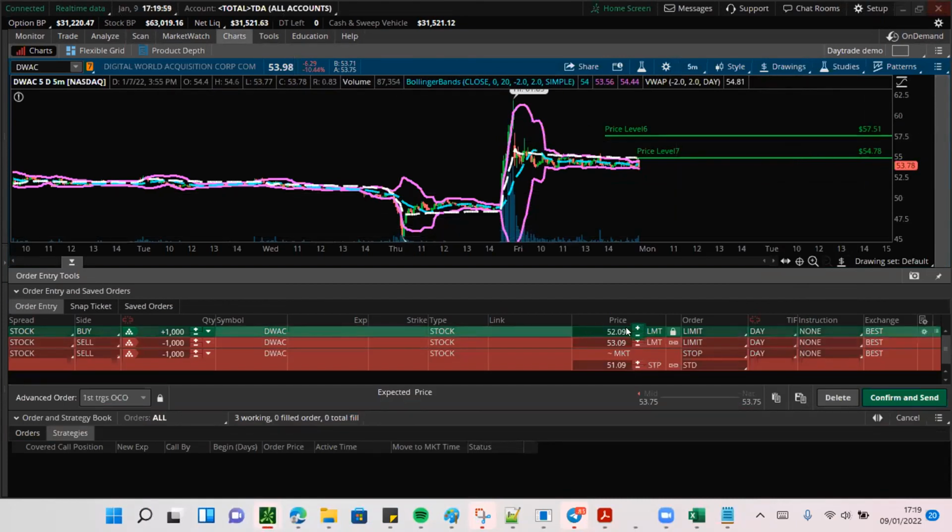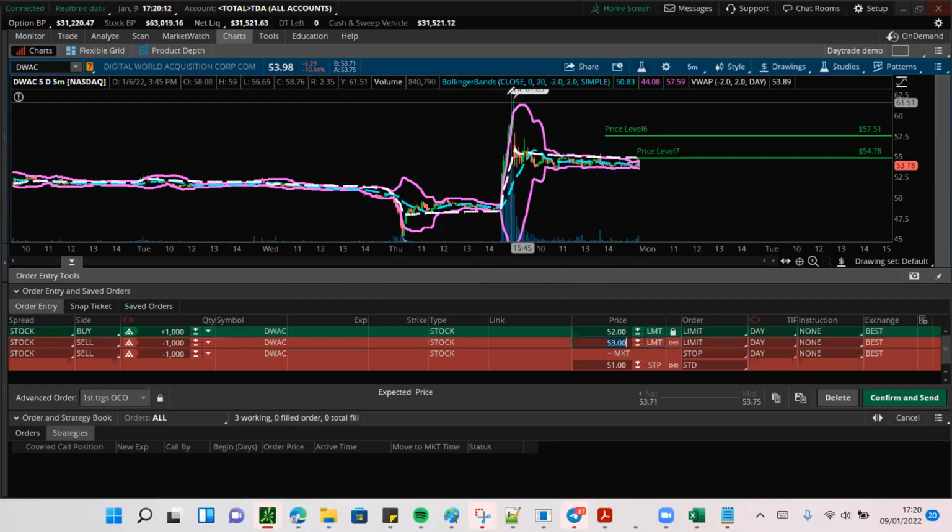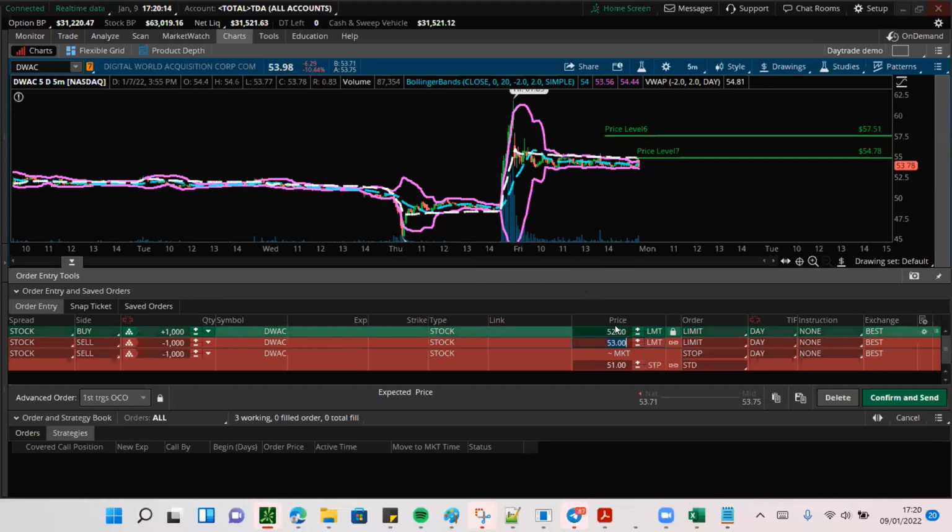So this is your buy limit order. Let's say I wanted to buy it at 52, and this is your selling target, the plan A. I wanted to sell it at the resistance right here at 61, so I'll sell it for 60, and here I'm using the stop order.